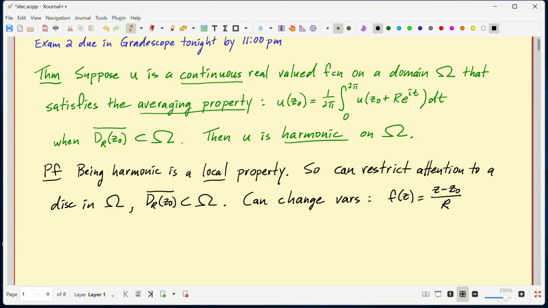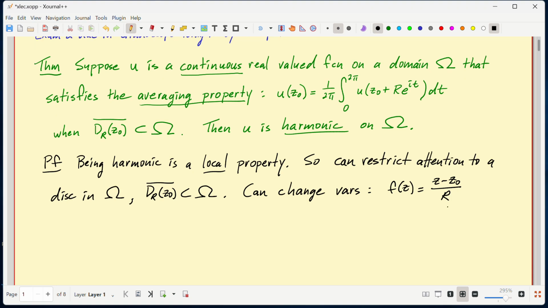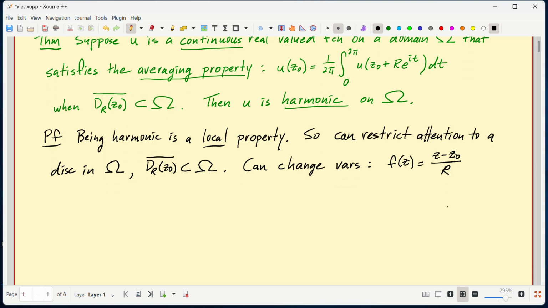So now I'm going to study the problem on the unit disk. We can reduce our attention further just to the unit disk.